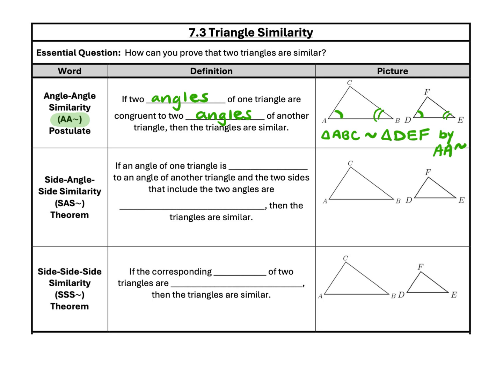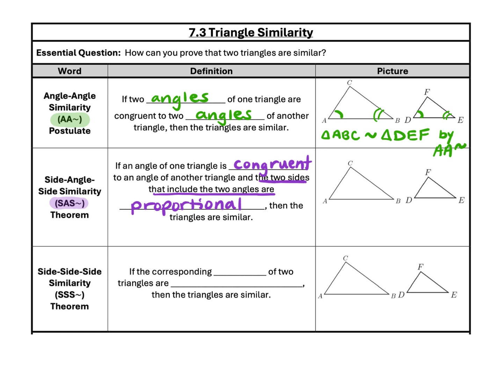The second way that we can prove two triangles are similar is the side-angle-side similarity theorem. We'll abbreviate this as SAS with the similarity symbol. This theorem tells us that if an angle of one triangle is congruent to an angle of another triangle, and the two sides that include the two angles are proportional, then the triangles are similar.